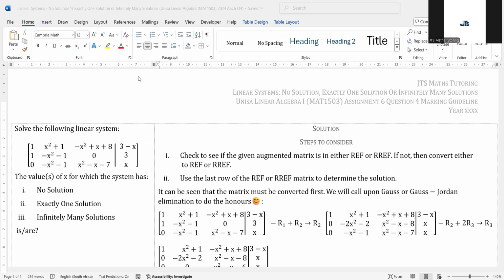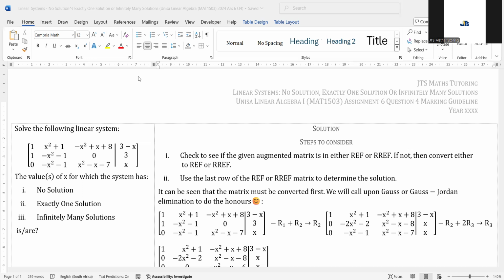Right, let's get going. First things first, we can see that the system is actually in an augmented matrix form. So we need to check if this augmented matrix is in either row echelon form or reduced row echelon form. If not, we have to convert it to either row echelon form or reduced row echelon form.